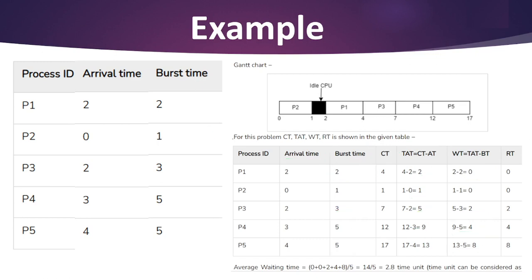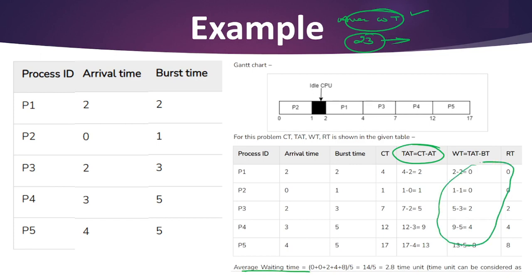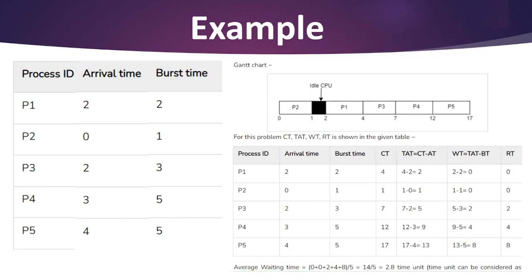Now I'm giving you one homework question to find the average waiting time. In lecture number 23, we have already discussed how to find the average waiting time or average turnaround time. So here you can see average waiting time is the sum of all the waiting times divided by the total number of processes.